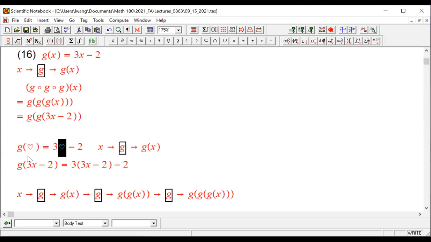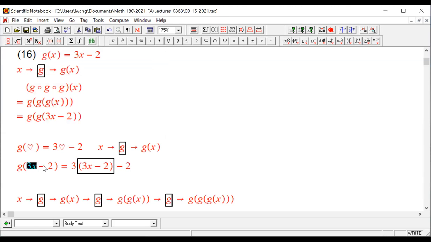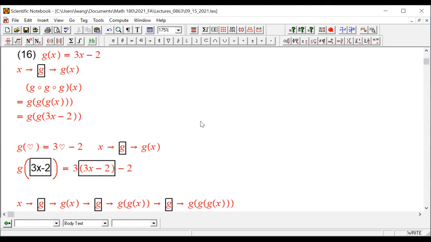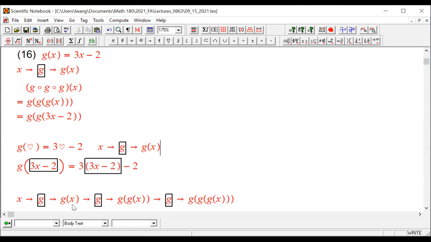When the input is 3x minus 2, it's 3 times 3x minus 2. This whole thing, see it as in a box. This box is the heart.